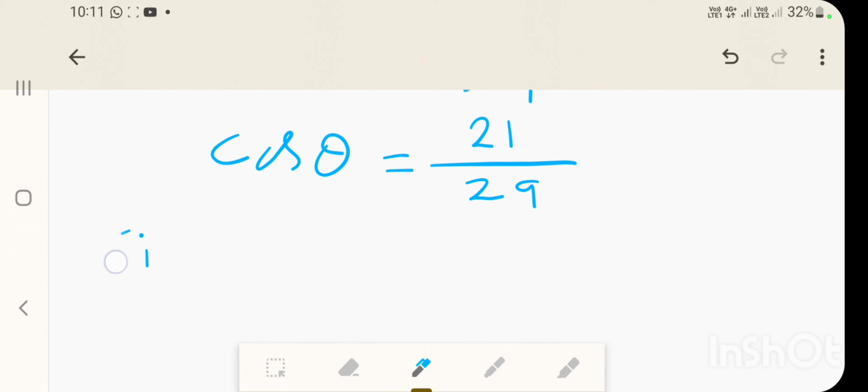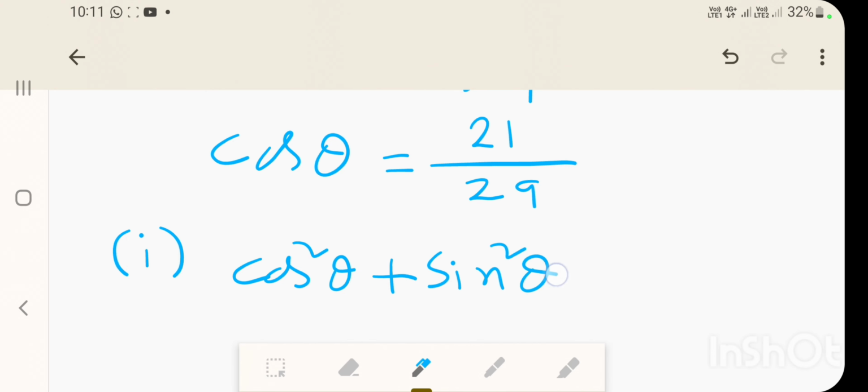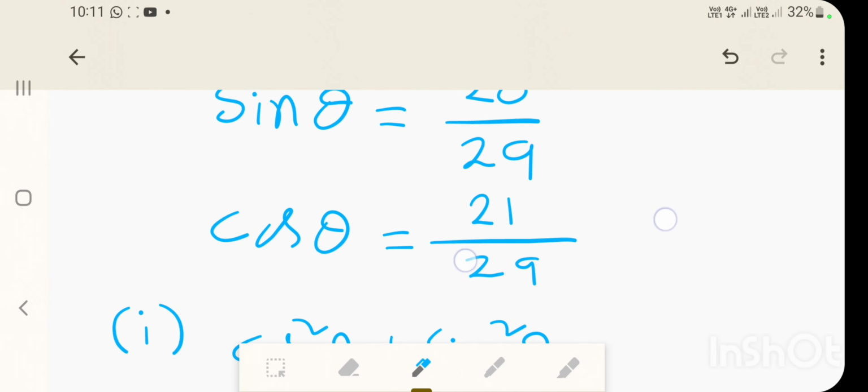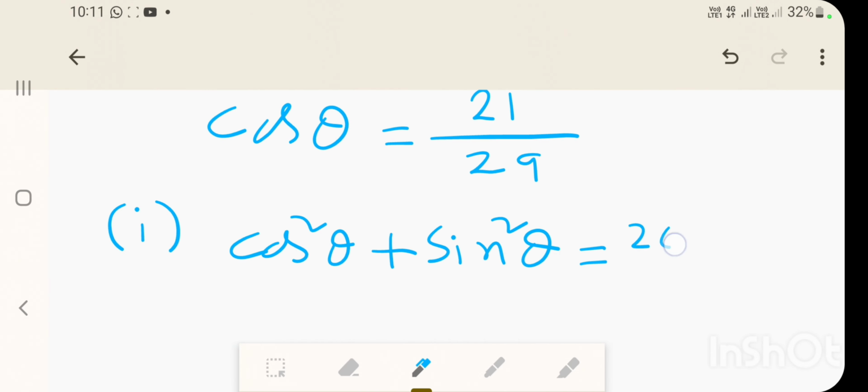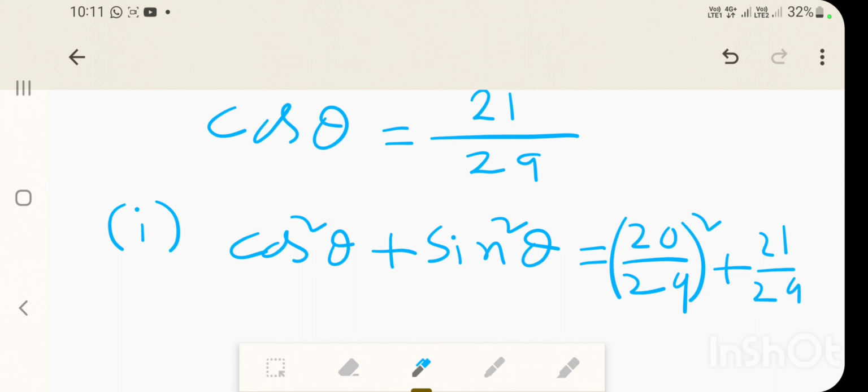The first question asks us to find cos square theta plus sin square theta. So we get (20 by 29) square plus (21 by 29) square.